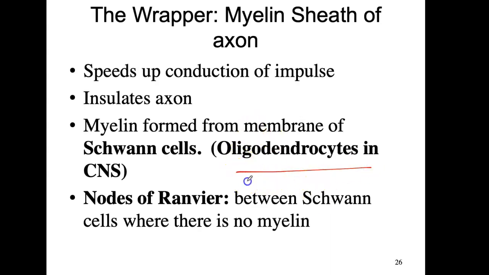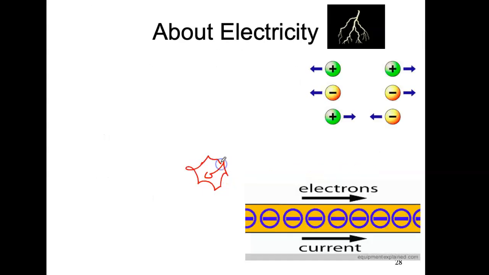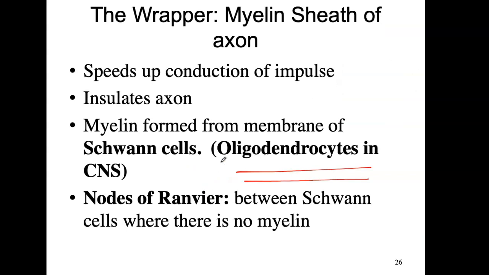So if you have an axon like this, and you have the cell body, and then the wrapper is going to go like this, and it's going to go like that, and it's going to wrap around, and this is all myelin sheath, but in between this region here and this region here, space that does not have the myelin is called a node of Ranvier.